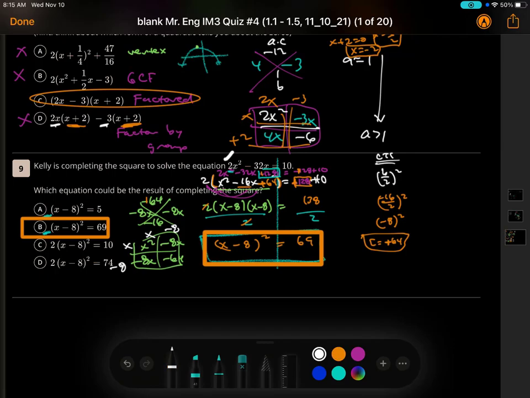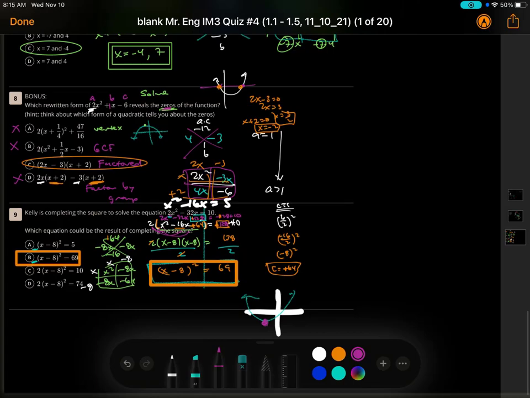If I just divided the whole thing by 2, you would have gotten x squared minus 16x equals 5 and go from there. The whole point is that you'll find the vertex, this point will be the same. So number 9 is B.